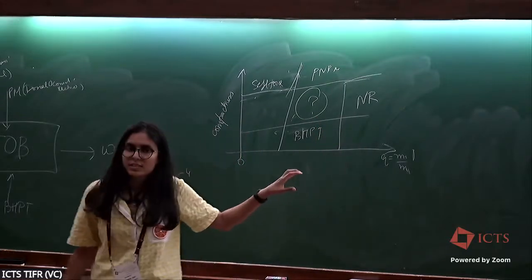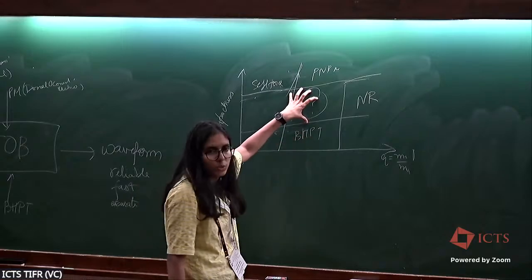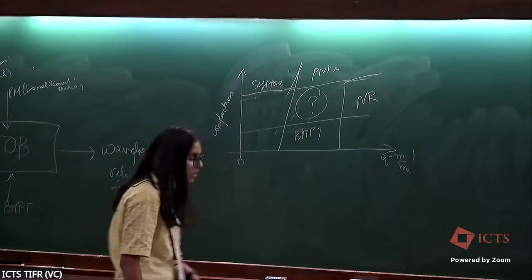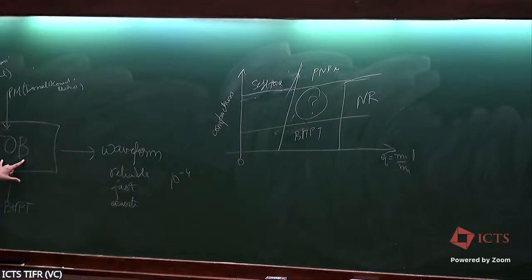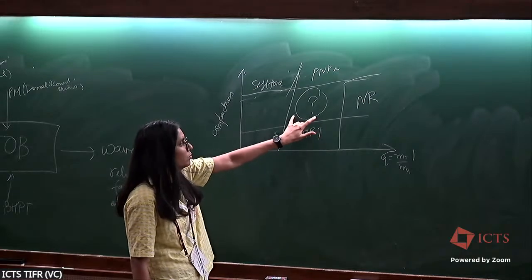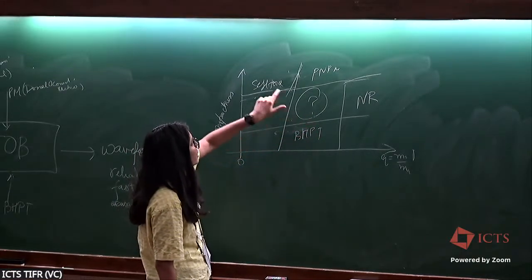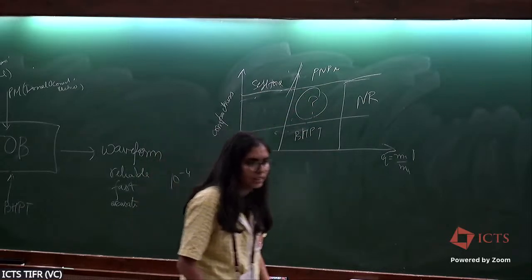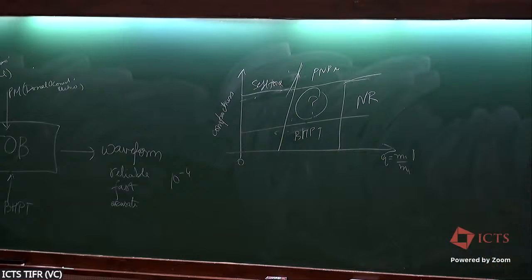And EOB is trying to even capture this regime where none of these perturbative techniques or exact solutions are available. So saying again that EOB is powerful enough that it can take information from everywhere, give us a waveform, and can even probe the parameter regime, which cannot be probed entirely by self-force, PN, PM, NR, or BHPT separately. So this is what I wanted to show about EOB.